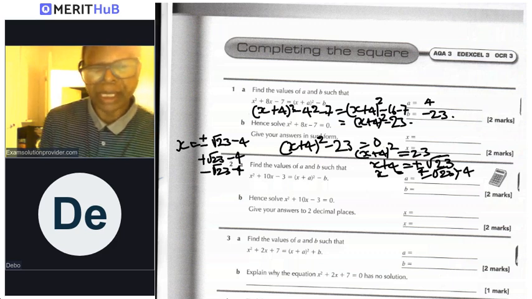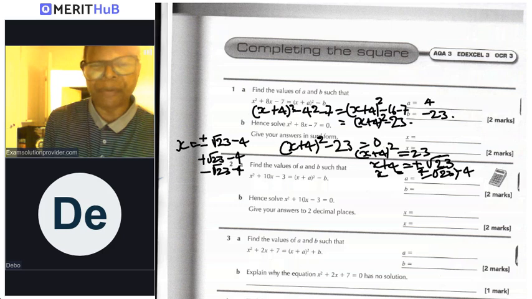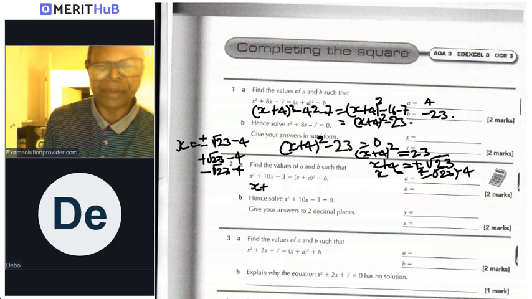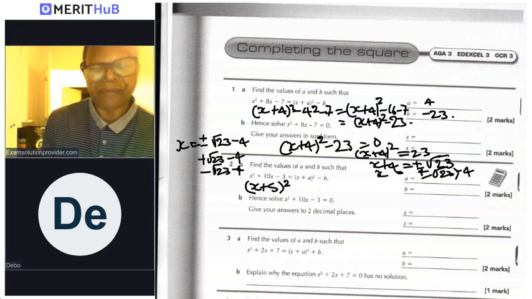Again, we need half of the coefficient of x. So this is going to be x plus 5, and then we square it. Now we have added the 5 squared, so we need to subtract that.